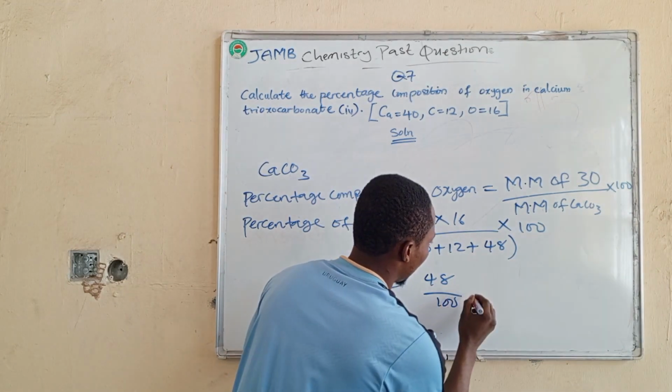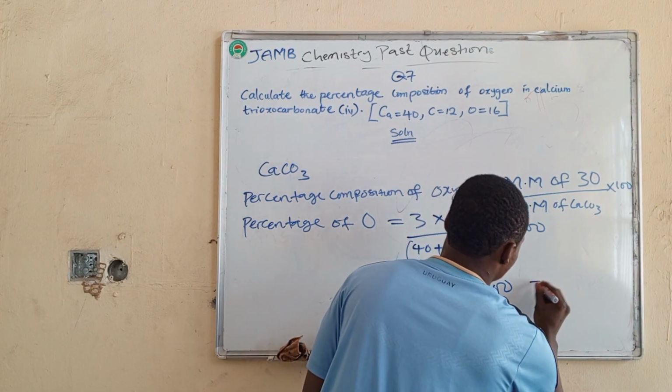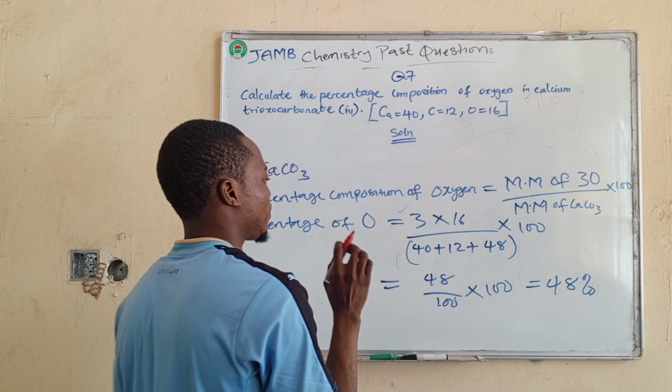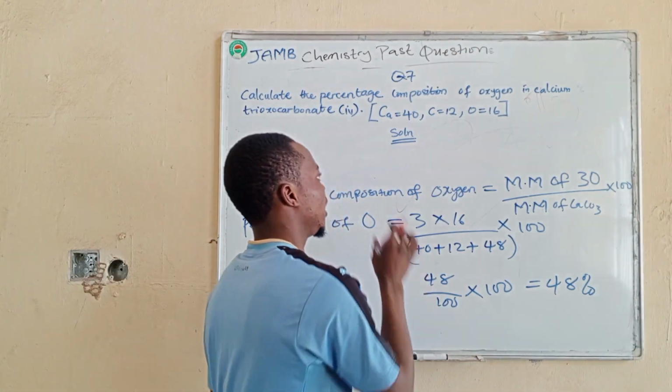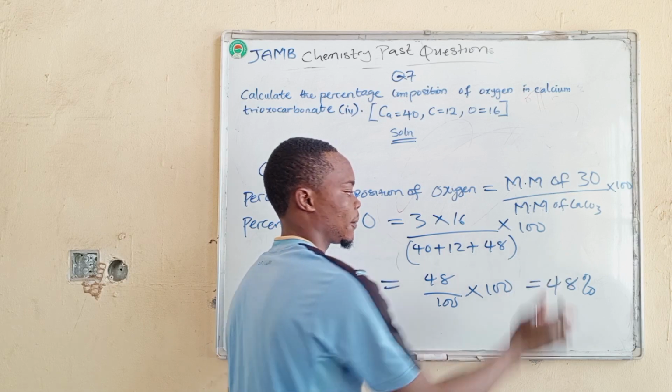You have 48 over 100 times 100%. So the answer here is 48%. The percentage composition of oxygen in calcium trioxocarbonate(IV) is 48%.